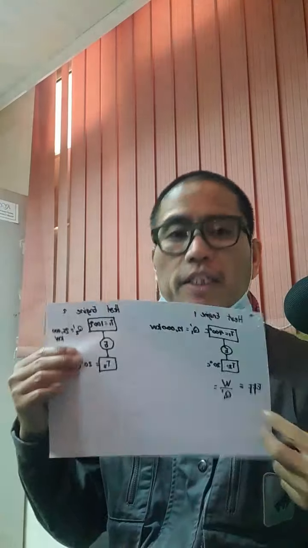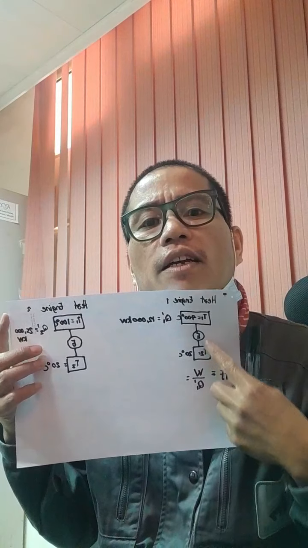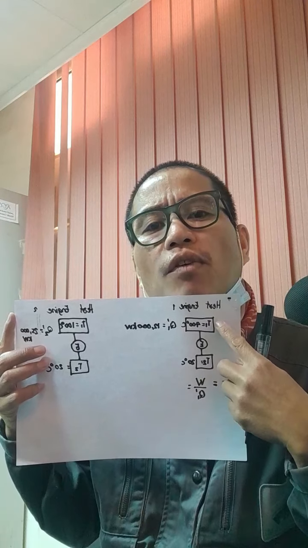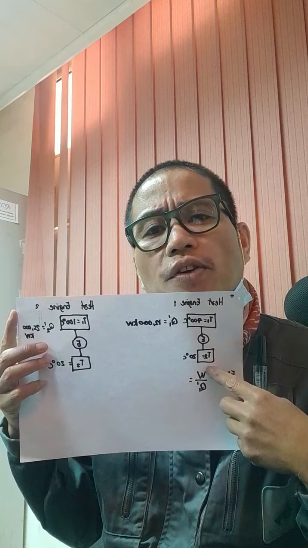The work output now will be the heat from the source minus the heat from the sink. There's heat here from 400 degrees Celsius, and there's also heat here.